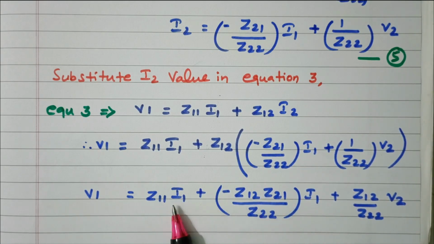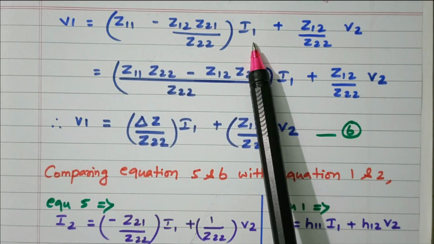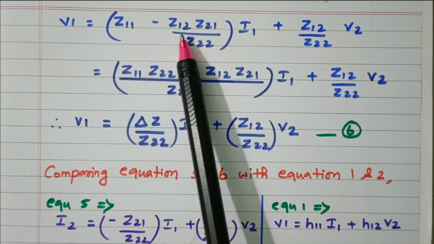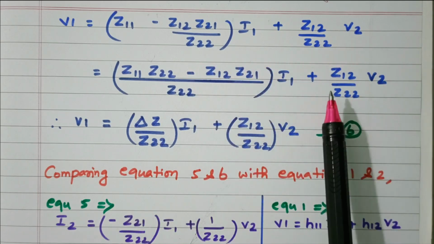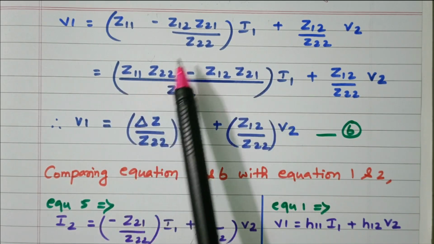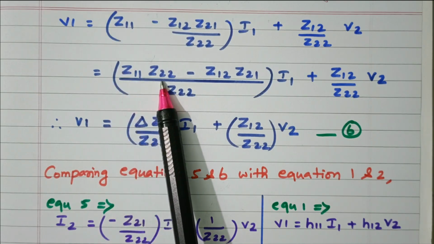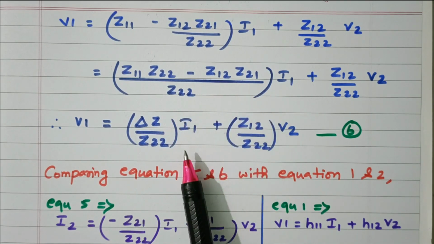In that, in the first 2 terms I1 is commonly available, so we can take I1 outside. So what we got: Z11 minus Z12 into Z21 divided by Z22. This is the V2 term. Now we take Z22 as the common LCM: Z11 into Z22 minus Z12 into Z21 divided by Z22.